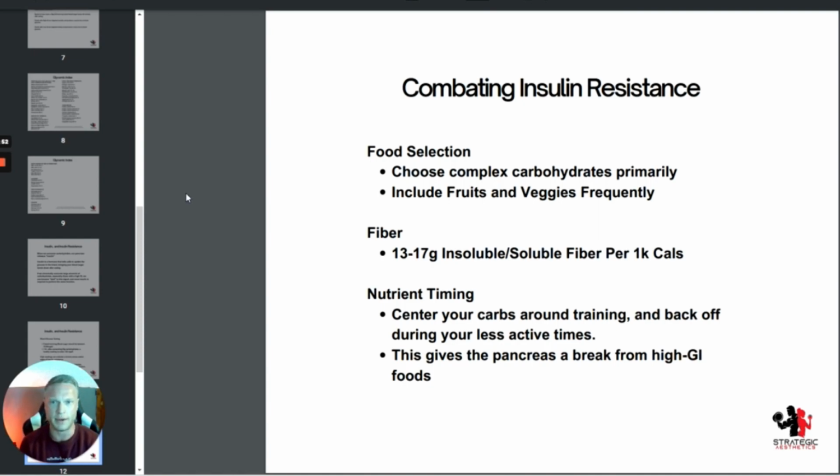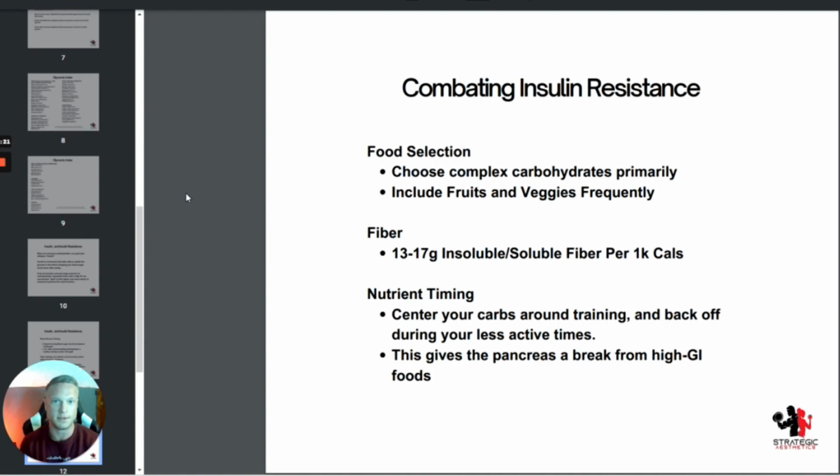Okay, nutrient timing. Now, nutrient timing is all about reducing the total amount of time that insulin has to be present in your blood. Okay, so we want to center our carbs around our training and then back off around our less active time. So if you train in the morning, your first couple meals will be pretty high carbohydrate, and then you'll back that off later in the day if your activity level is a little lower.